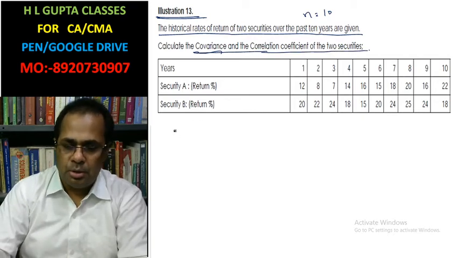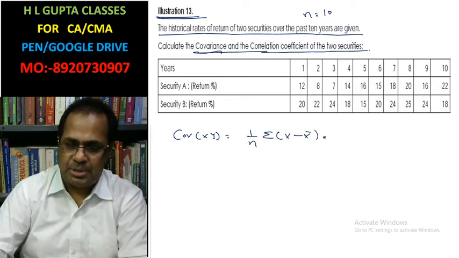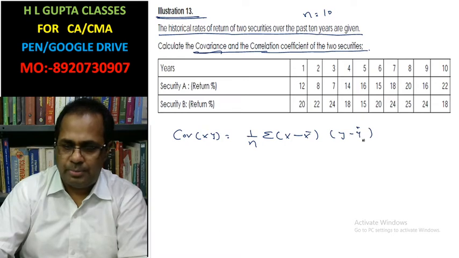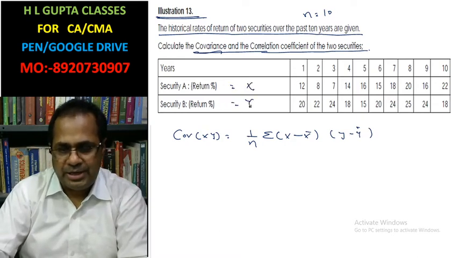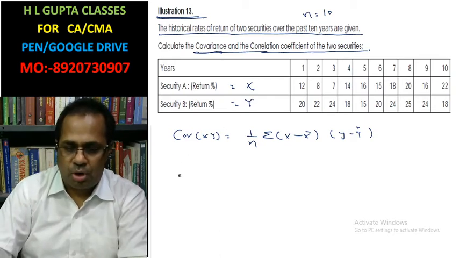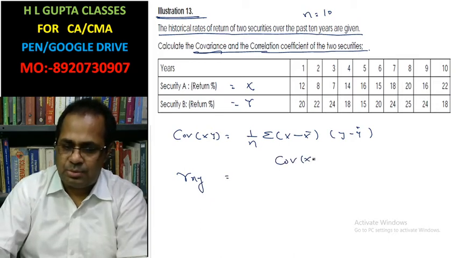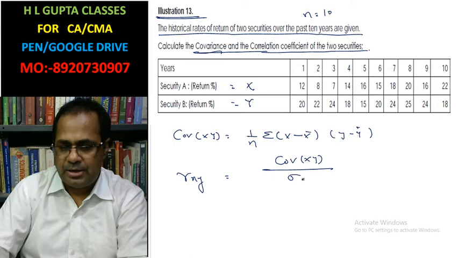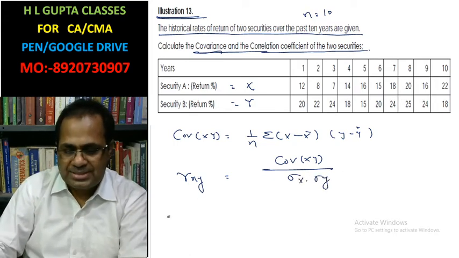Look here. Covariance xy, the formula is 1 upon n summation (x minus x bar)(y minus y bar). Assume the return of A is x and the return of B is y. The coefficient of correlation equals covariance xy divided by standard deviation of x times standard deviation of y. What is the formula of standard deviation of x?